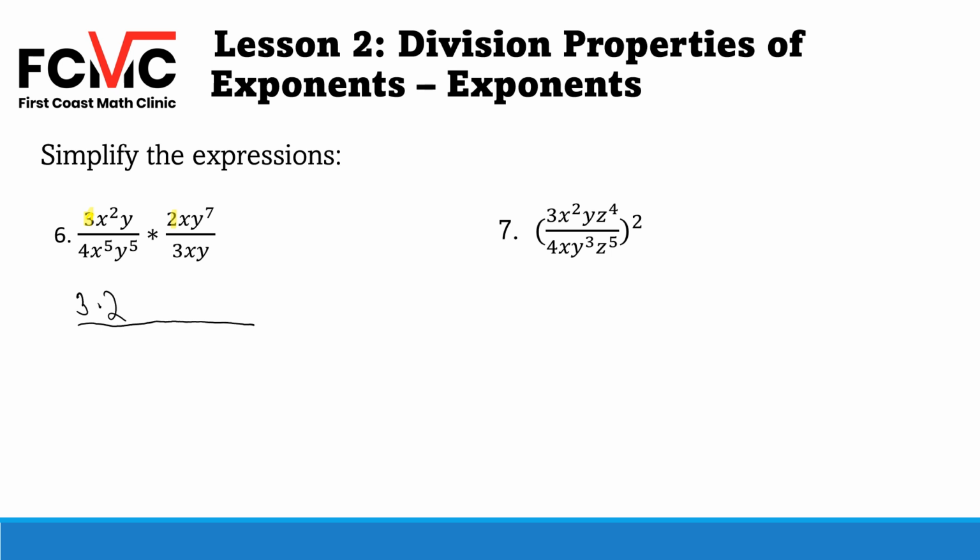And then x to the 2nd and x. And then y and y to the 7th. And in my denominator, I'll do the same thing, y and 3. And then let's do x to the 5th, x.